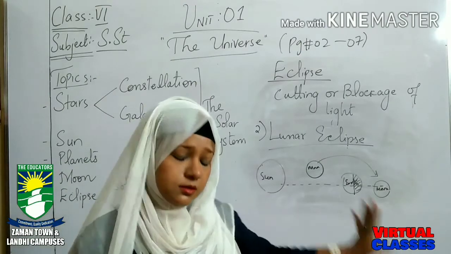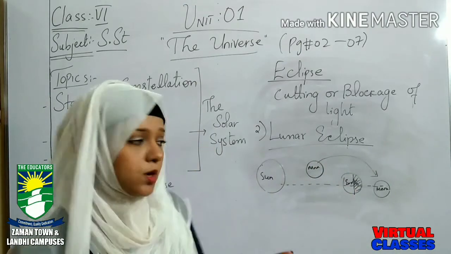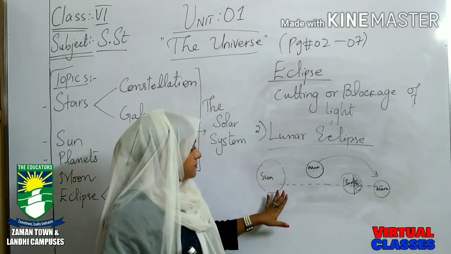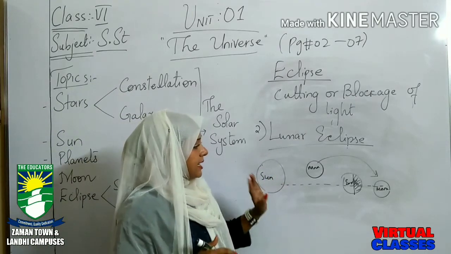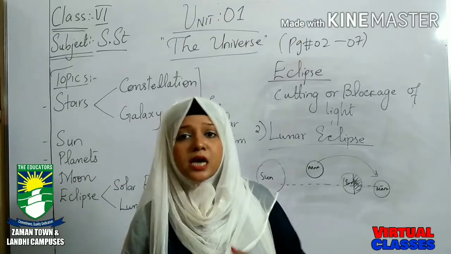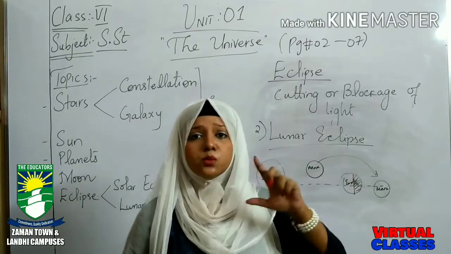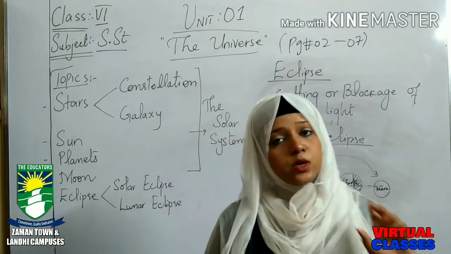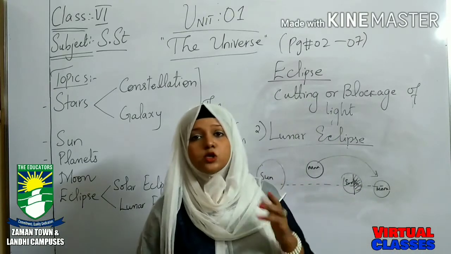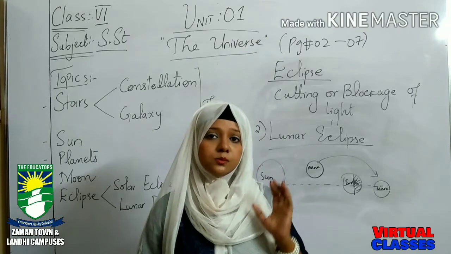It does not have any hazardous effect upon health and eyesight. But the thing is that it happens on the night of the full moon. You know that throughout the month, the moon shows its different phases. So it happens on the night of the full moon.